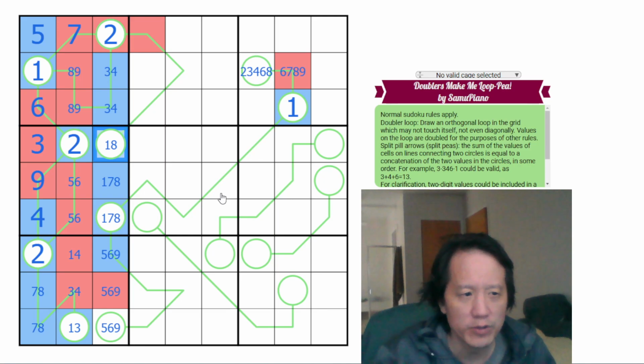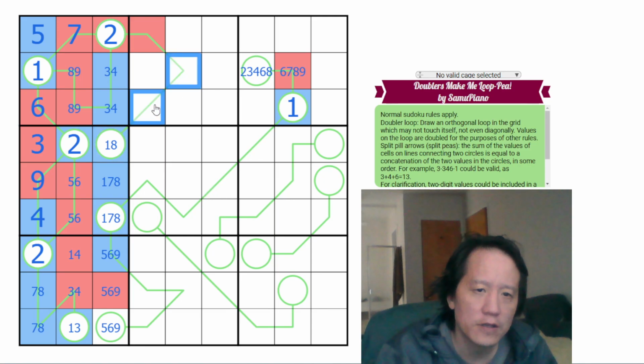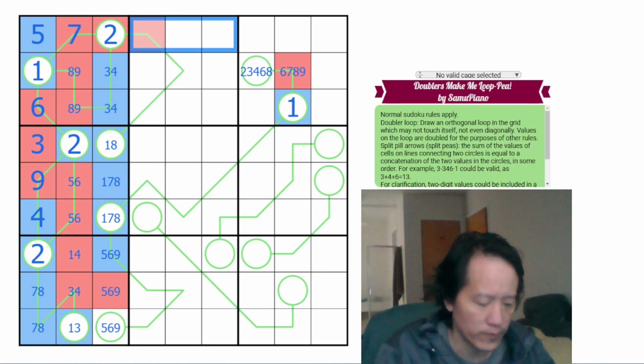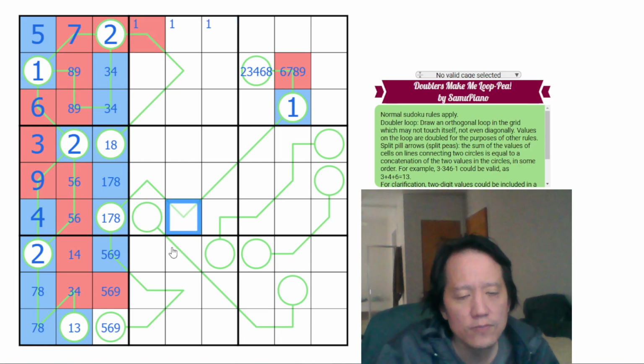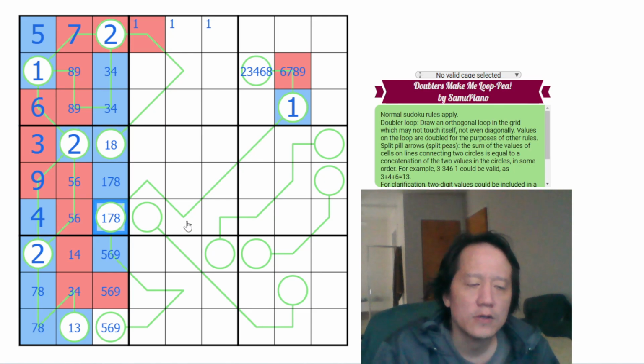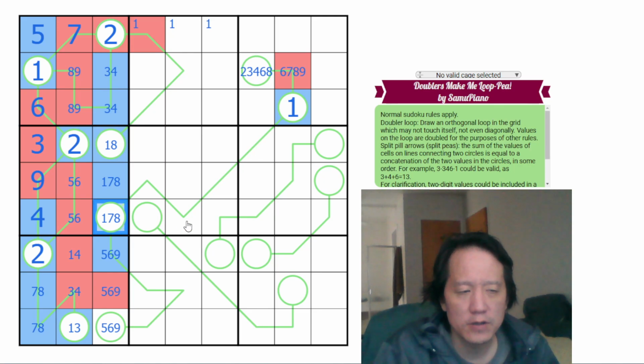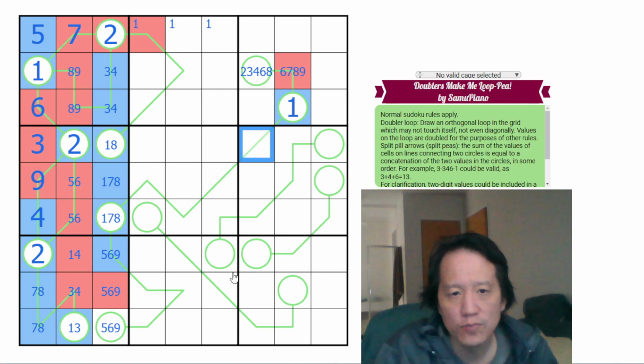14 would mean that likely these could not be doubled. So 1 has to be somewhere here. Could this be 11? Yeah, maybe. It could be 6, and then this would be 5. That seems feasible.